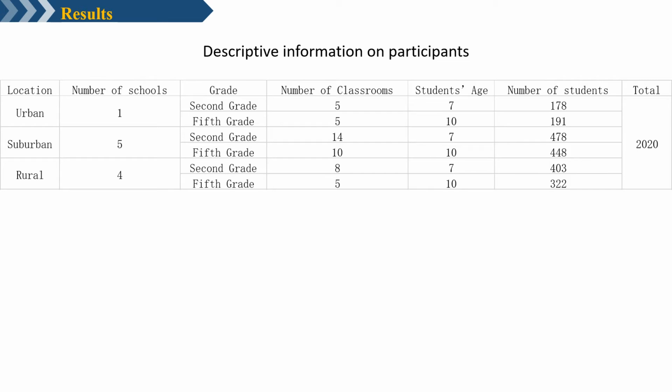Among those participating students, 369 were in urban areas, while 926 were in suburban and 725 in rural areas. The school hours for all the students are basically the same, with an average of 9 hours per day, 5 days per week.